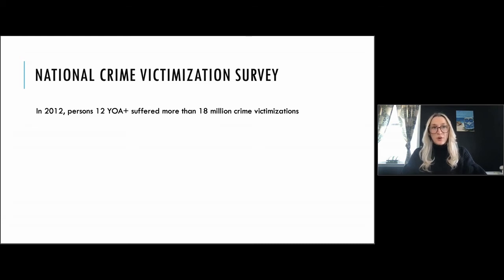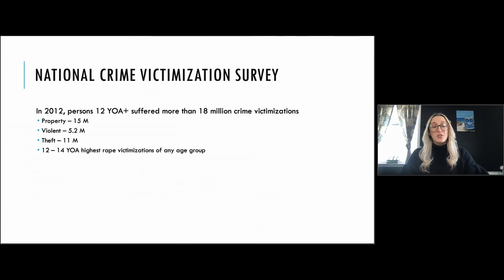In 2012, persons 12 years of age and over suffered more than 18 million crime victimizations. Of those, 15 million were property offenses, 5.2 million were violent, and 11 million were theft.